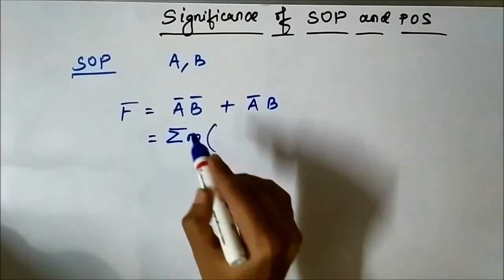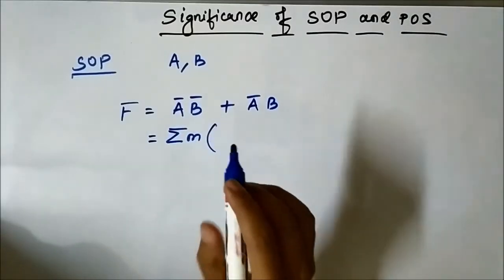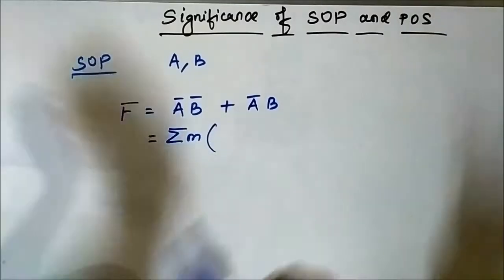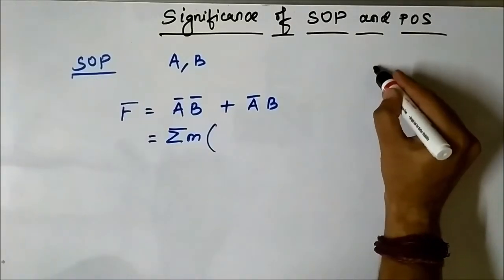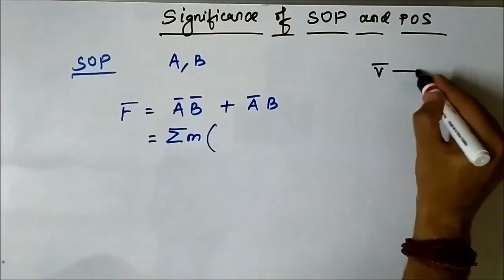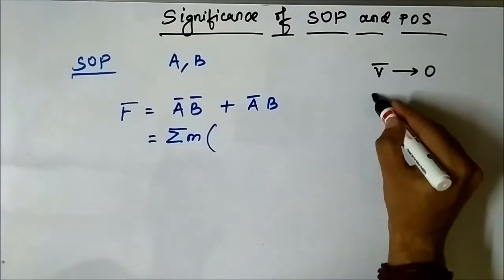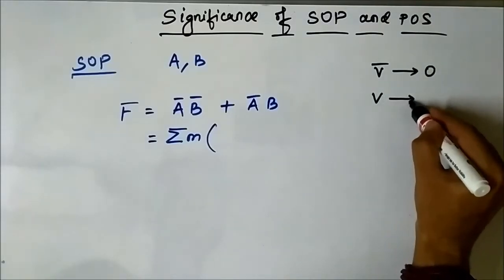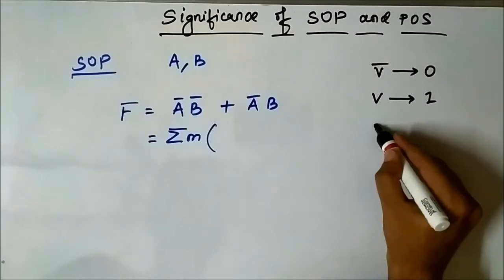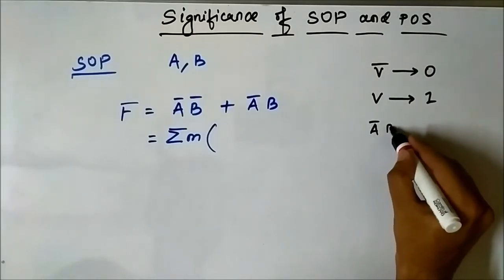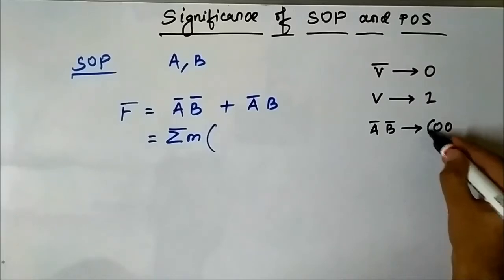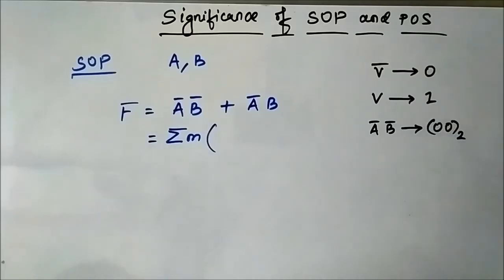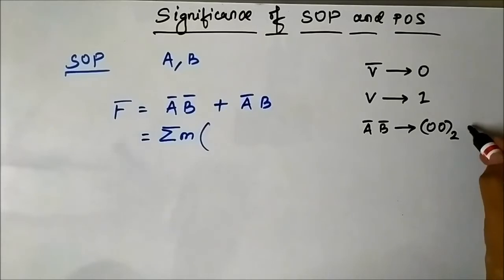I have already discussed this. In SOP we know that every complemented variable represents logic 0, and every uncomplemented variable represents logic 1. So A bar B bar represents 00 in binary, and its decimal equivalent is 0.